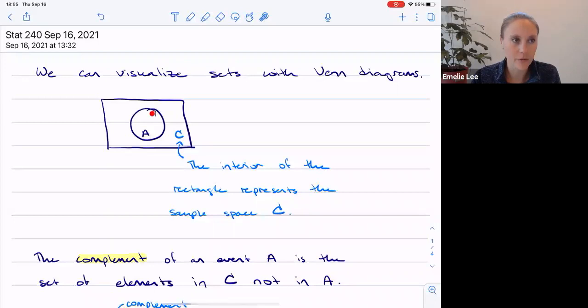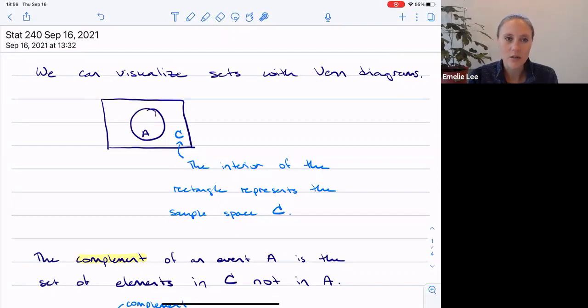For example, if we want to talk about the set A, A is a set in the sample space, and of course it's just a subset, and so we denote it typically using a circle inside the rectangle. So that's the most basic thing that we can visualize here.